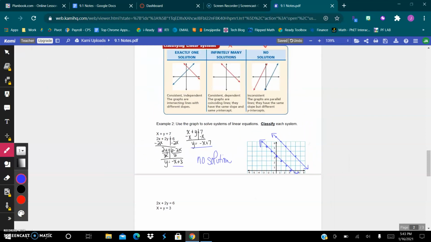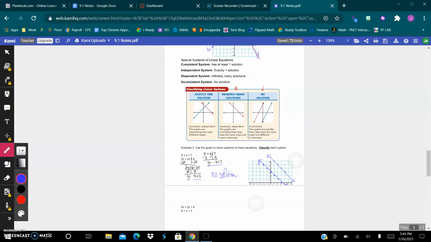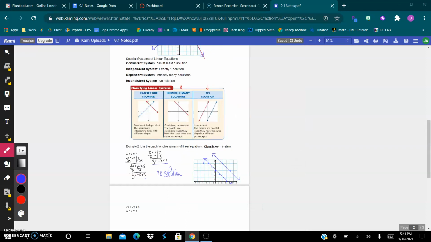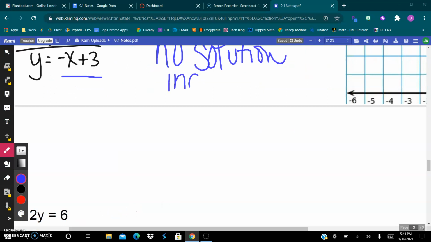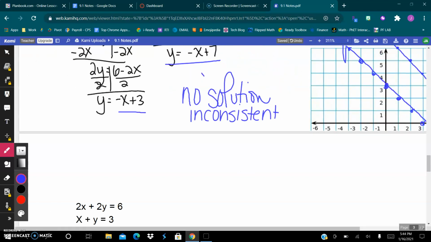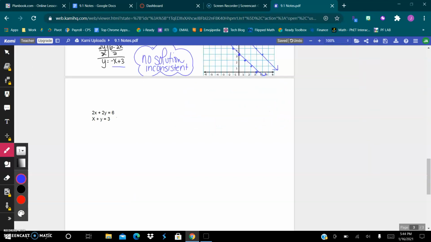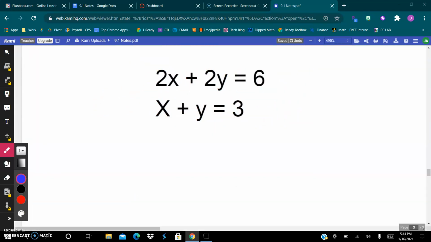And then when we go back up here, no solution is an inconsistent system. So we can write inconsistent. All right, and then for our last example, we're going to do the same thing.